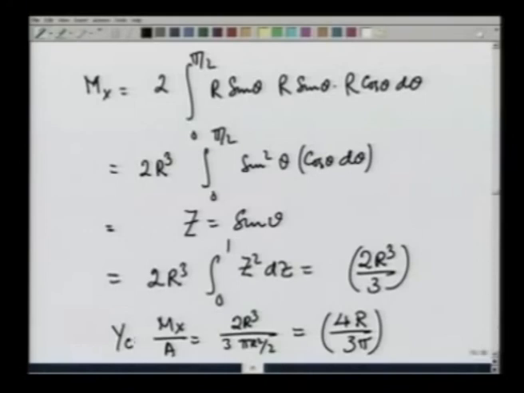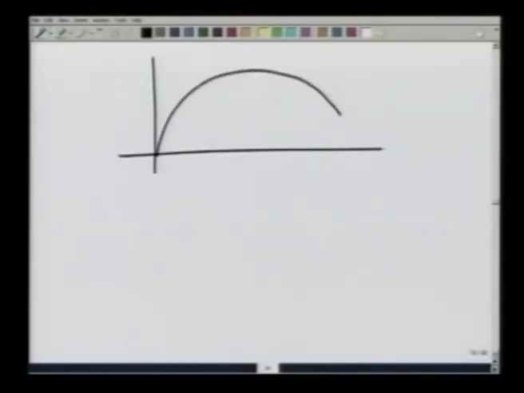Therefore, if I look at this semicircular area, its centroid is at a distance r and at a height of 4 r over 3 pi. 3 pi is roughly 9, so 4 r over 3 pi is slightly less than r by 2. So, it is somewhere here. This is xc, yc.